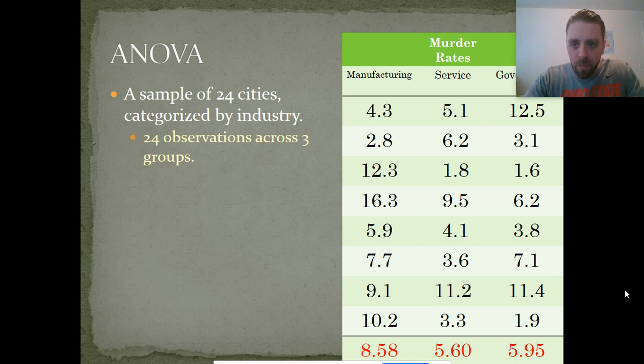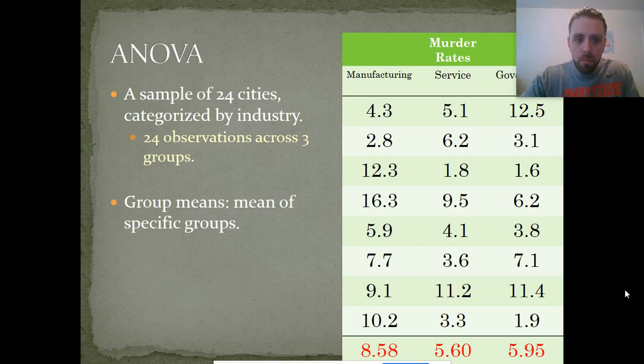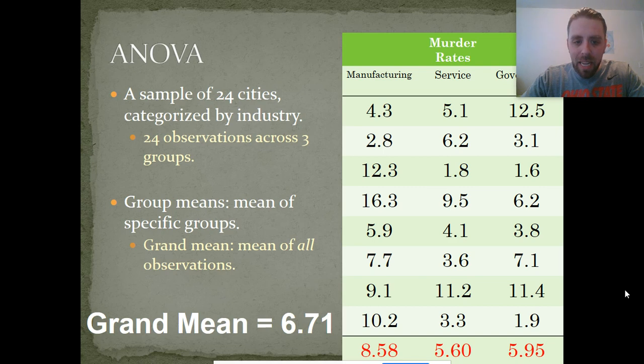But if you're thinking ahead here a little bit, you might have realized that we actually have a 4th mean that can be calculated here. It's the mean of every city regardless of the group, okay? And that's going to be called the grand mean.